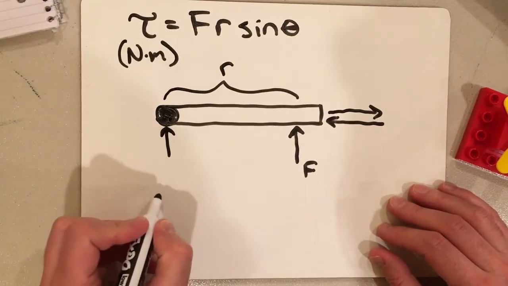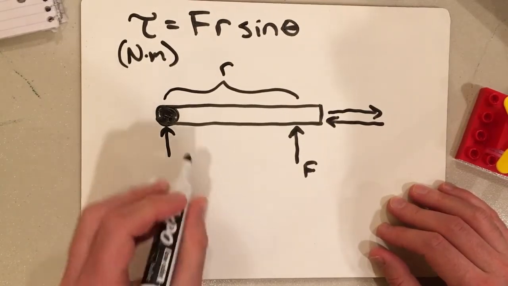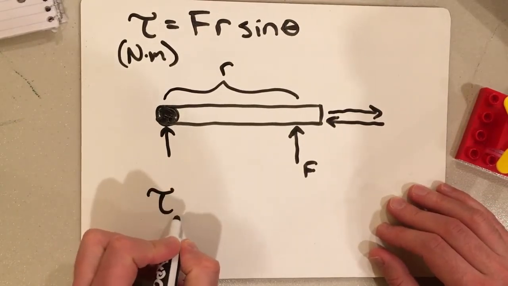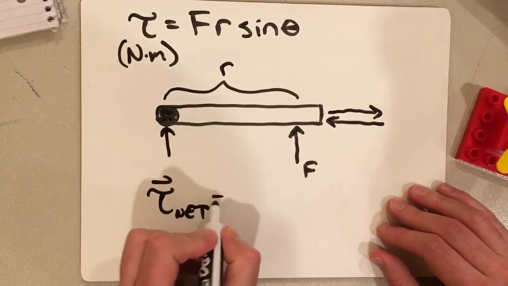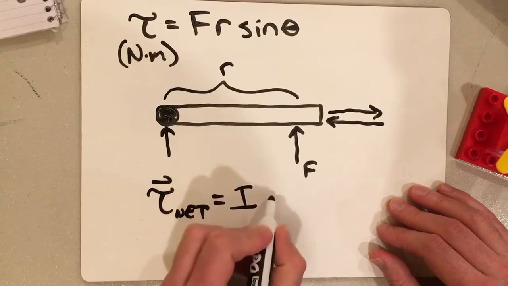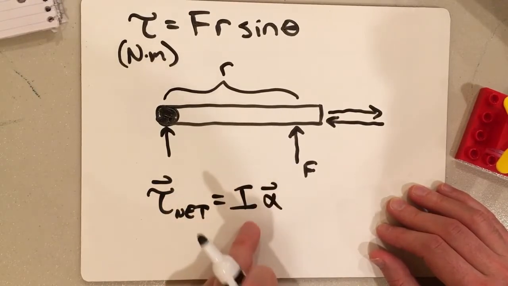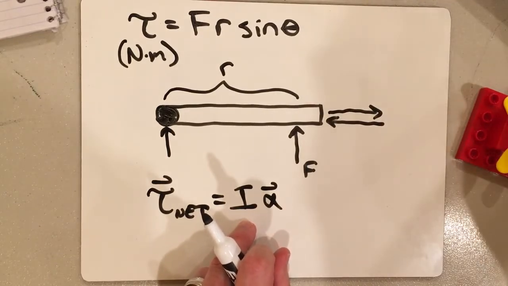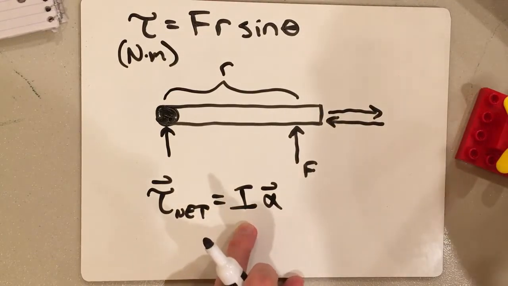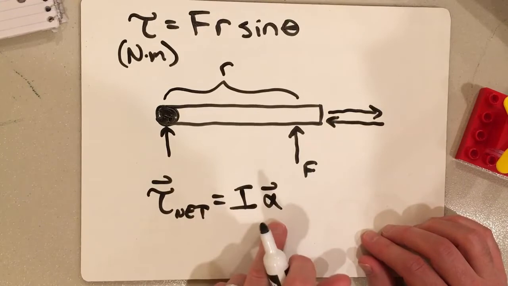We have another formula, though, that does account for the vector nature of torque. That formula is the net torque, and it's written this way: torque equals I alpha. Once again, we have the moment of inertia, which I talked about in the rotational kinetic energy video and also the angular momentum video. And alpha is angular acceleration.